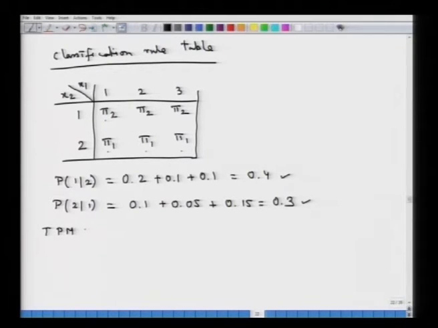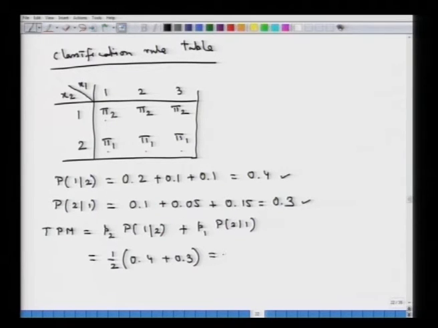Hence this minimum total probability of misclassification would be P2 times P1 given 2 plus P1 times P2 given 1. Now, P1 and P2 are both equal to half, so the half goes outside, and P1 given 2 is 0.4 and this is 0.3. So, finally we have this particular quantity, whatever it comes to.